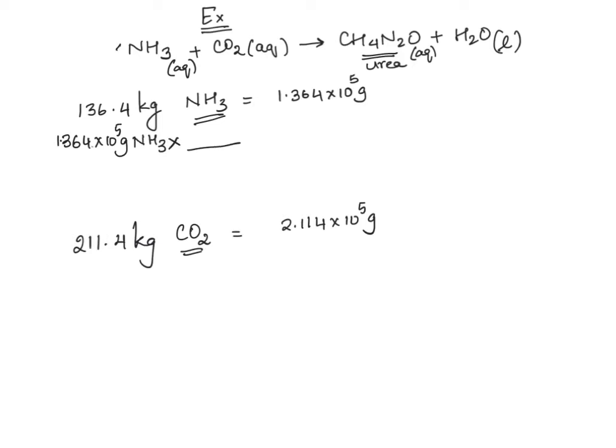We know the mole ratio of ammonia and urea here, and when we balance this equation you will see that there are 2 moles of ammonia used for this reaction. So the molecular weight of ammonia is 17.03: nitrogen is 14.01, and hydrogen is 3.024, because every hydrogen is 1.008.